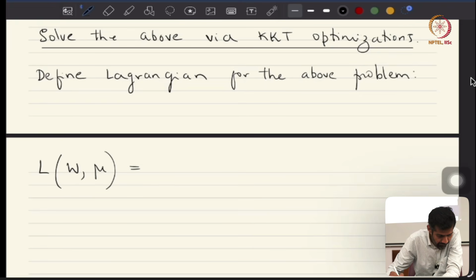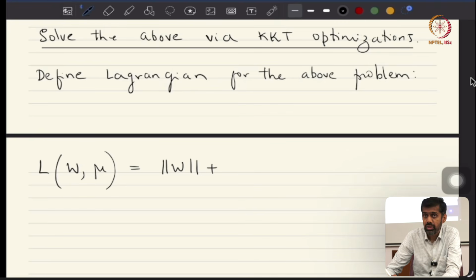This is equal to the objective function, norm W, plus, so how does the Lagrangian look?